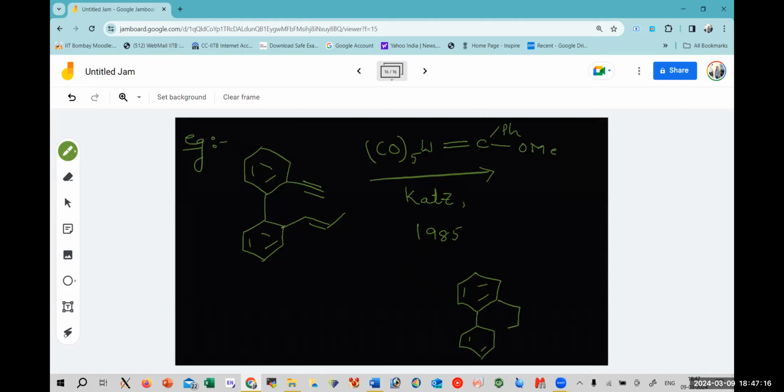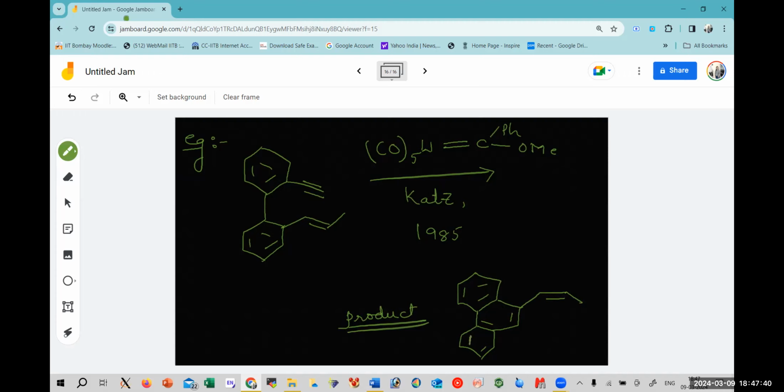so this will cyclize, where the aromaticity is maintained, and ultimately it will give you this product. So this is your conjugated diene system, which is actually conjugated even further.